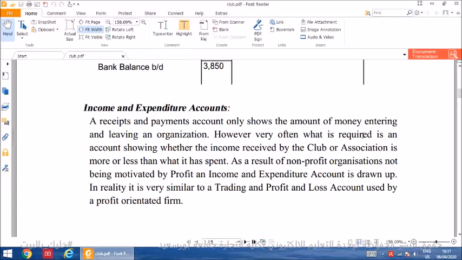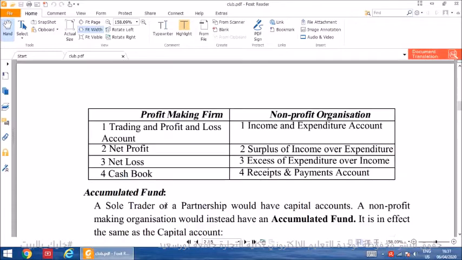So the income and expenditure account that is prepared in non-profit organizations is very similar to the trading and profit and loss account for profit-oriented firms. Profit-making firm, non-profit organization.